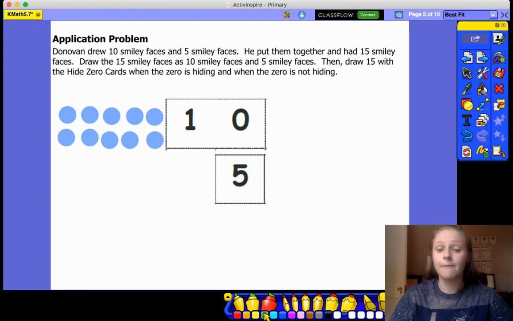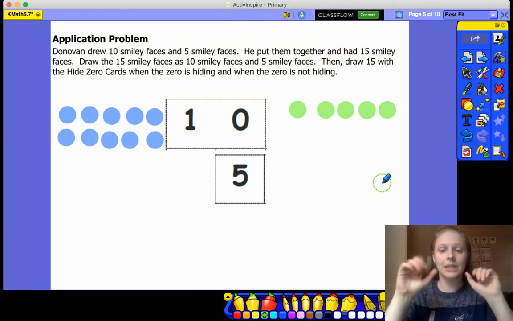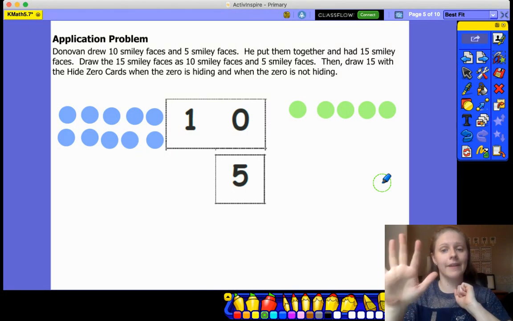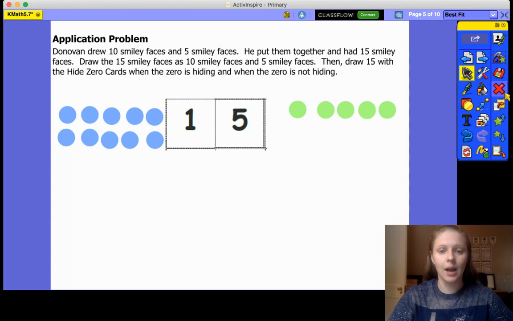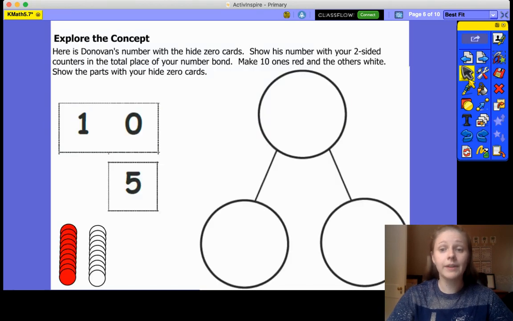And then I'm going to do 5 more on this side. 1, 2, 3, 4, 5. 10. Go ahead and flash me 10. 10 and 5 makes 15. We can slide that up with our hide 0 cards. Great job.